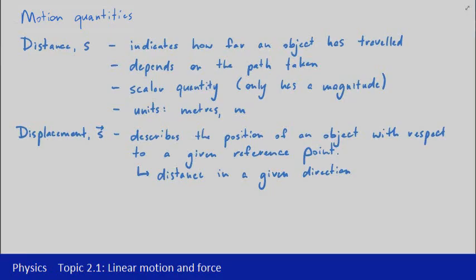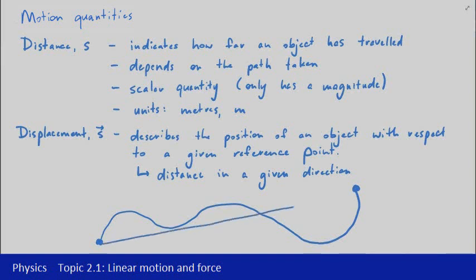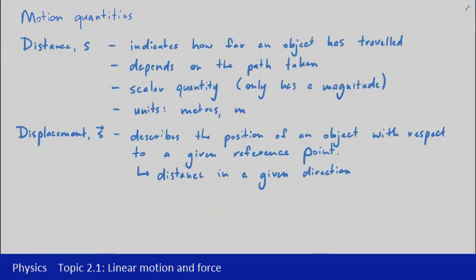With distance, if you start at this point here and walk a particular path and end up at this location over here, the distance that you travel would be the length of that squiggly line. Your displacement would be the straight line distance between those 2 points, the shortest distance between them. So there's a couple of different ways to think about displacement.